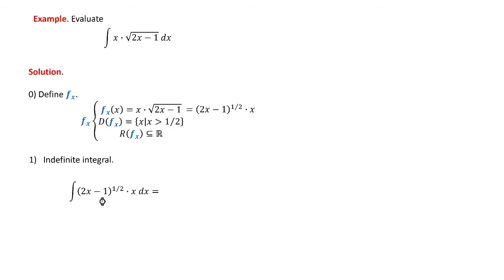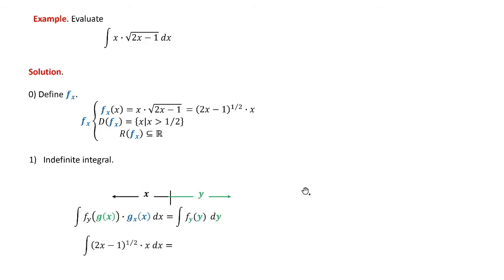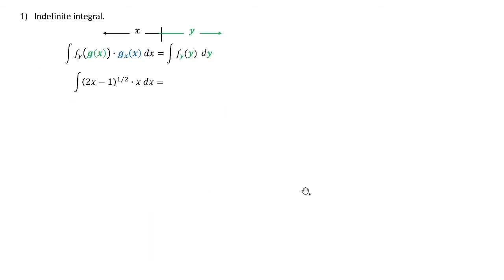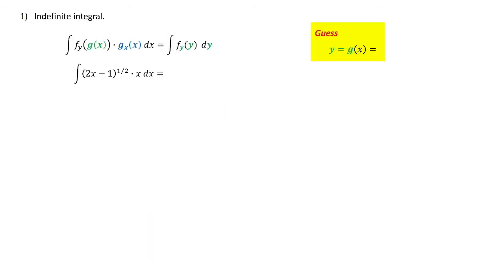Again, it has to fit this template, and the whole key is your choice of g. Again, I'm going to separate x's and y's, just repeating the slide here. So I have to pick g. You don't have a lot of choices here. So we're going to go with g of x equals 2x minus 1, because I don't have any better options.